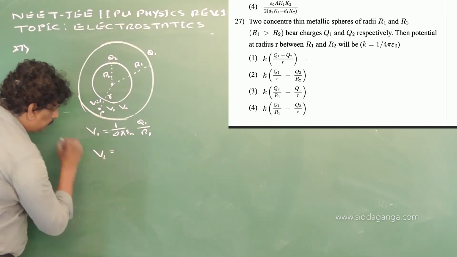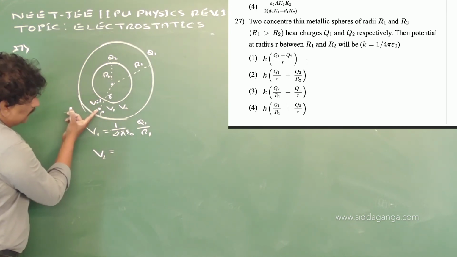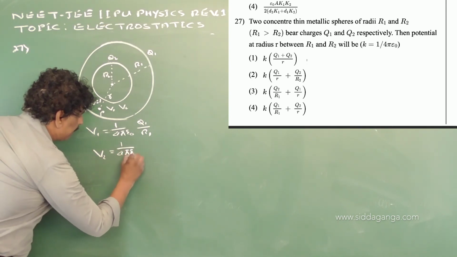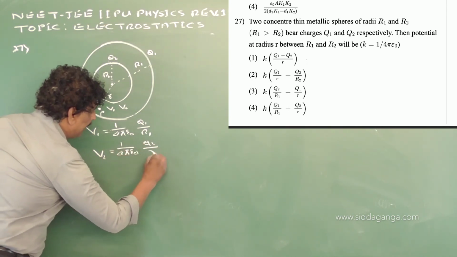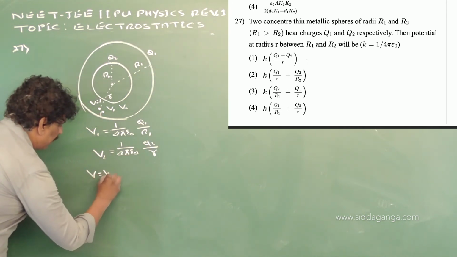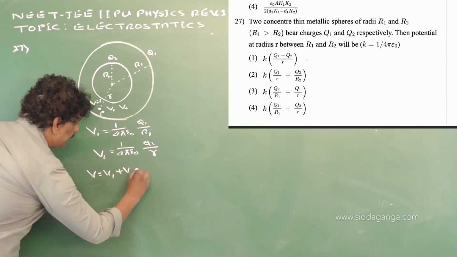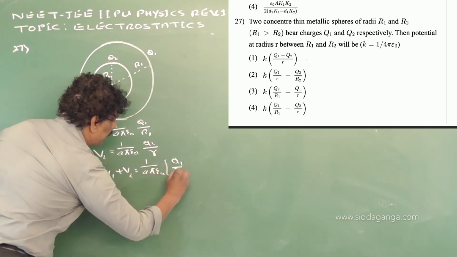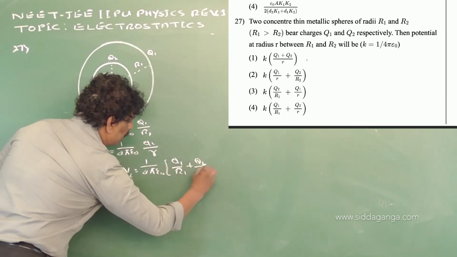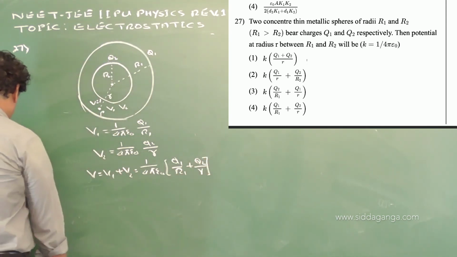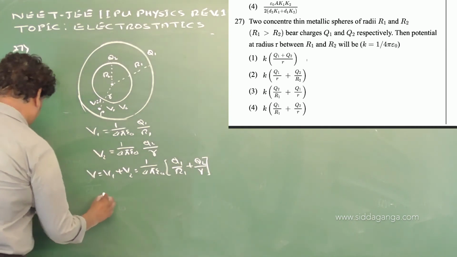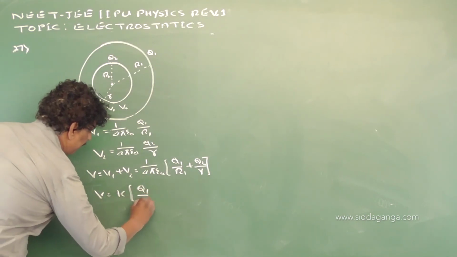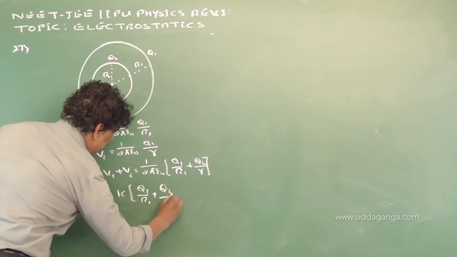Now V2: for the inner sphere, this point is outside the sphere, therefore it is 1 over 4 pi epsilon naught, Q2 by R. Therefore V is equal to V1 plus V2, which is 1 over 4 pi epsilon naught, Q1 by R1 plus Q2 by R. So the fourth one is the right option. Or V is equal to K times Q1 by R1 plus Q2 by R.